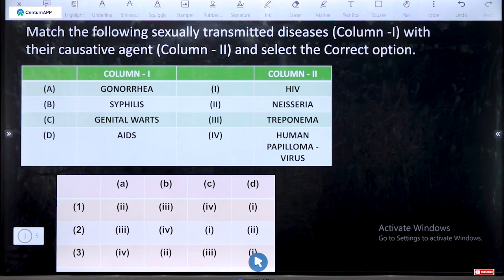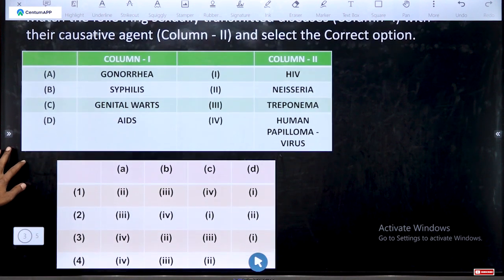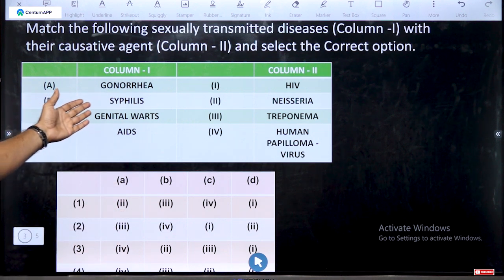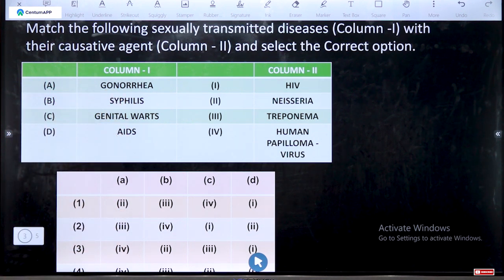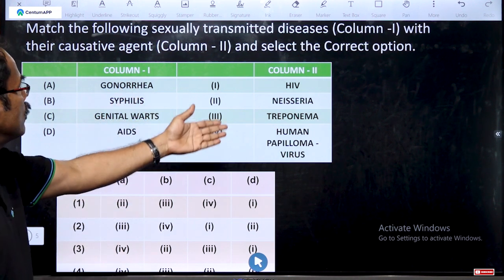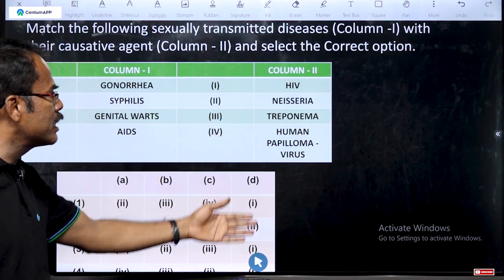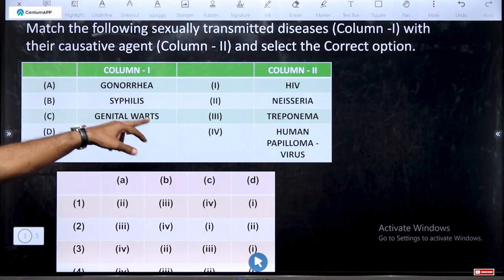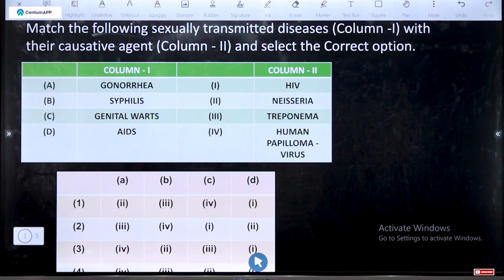Match the following sexually transmitted diseases given in column 1 with their causative agent in column 2 and select the correct option. In column 1 they have given gonorrhea, syphilis, genital warts, AIDS as sexually transmitted diseases. In column 2, causative organisms like HIV, Neisseria, Treponema, human papilloma virus. Here gonorrhea is caused by Neisseria gonorrhoeae.